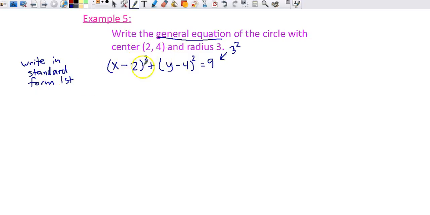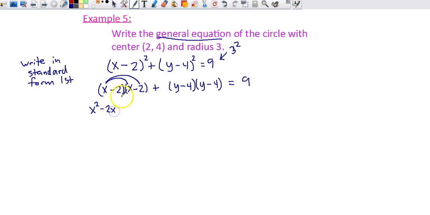The general form is actually squaring them out. So we'll write the squares twice. And then 9, of course, will just stay 9. Multiply these together. So x squared minus 2x minus another 2x.